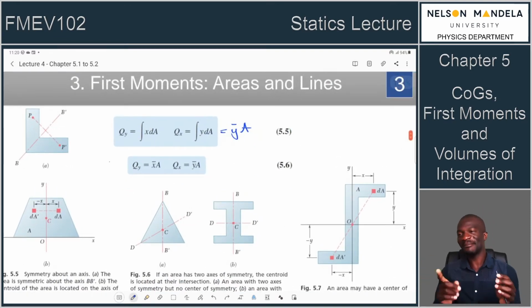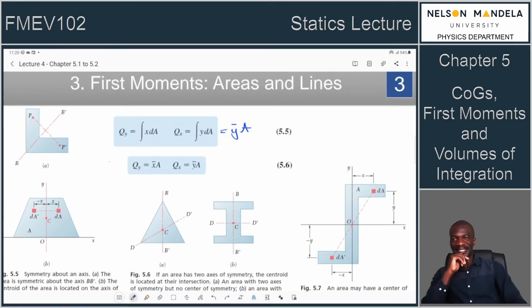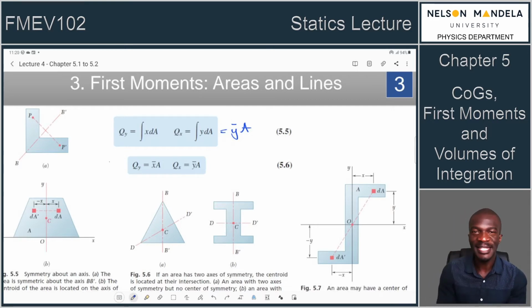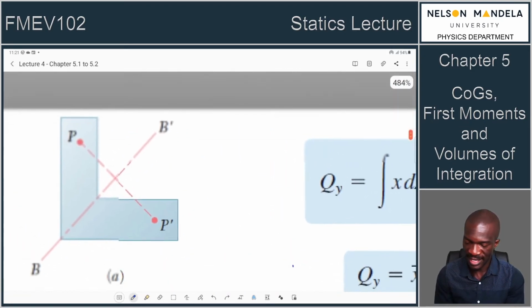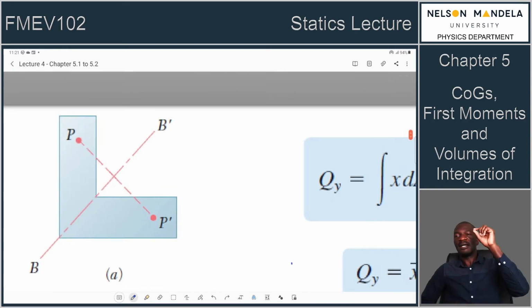Now, there is something interesting with objects. If we are dealing with regularly shaped objects, regular shapes like a square, for example, or a rectangle and so forth, these objects have some special property which is called symmetry. So if you look at this figure, for example, the line BB prime is a line that describes what we can call symmetry.